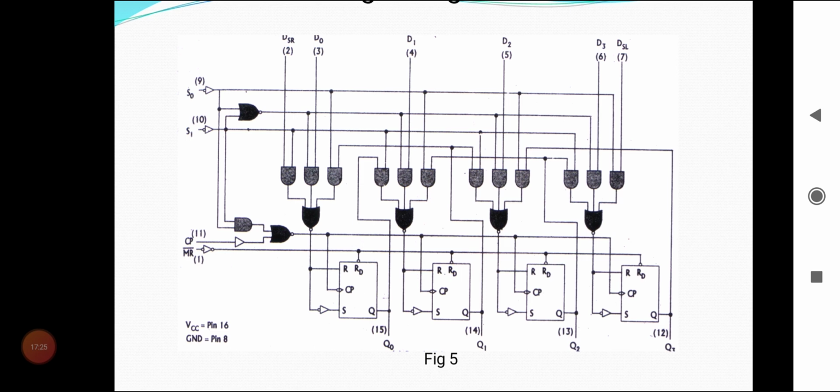The left side AND gate receives DSL, data shift left. The parallel loading data D0, D1, D2, D3 go to the middle AND gates, enabling them, and through the NOR gates are connected to the flip-flops.